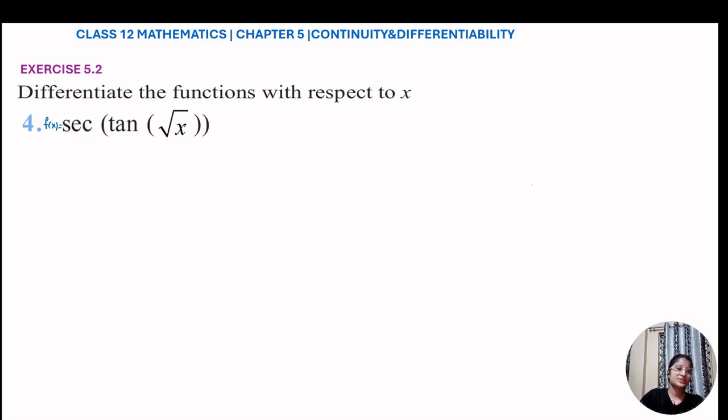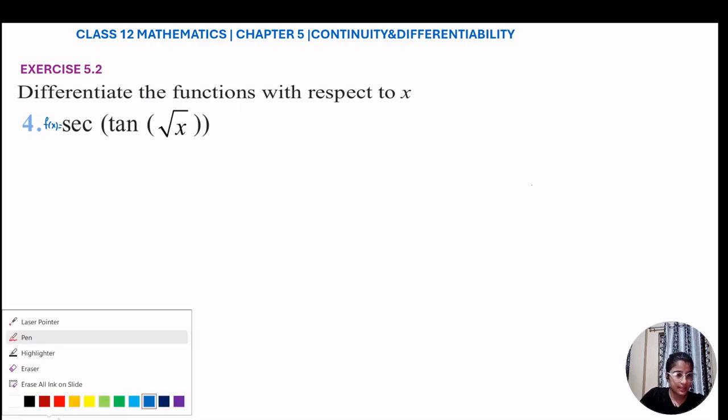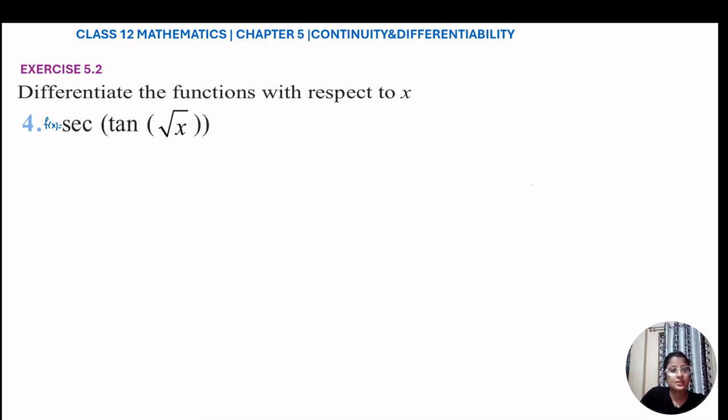I have already told you in my previous lecture that this type of question, where you have to find the differentiation by using the chain rule, is very important for boards.